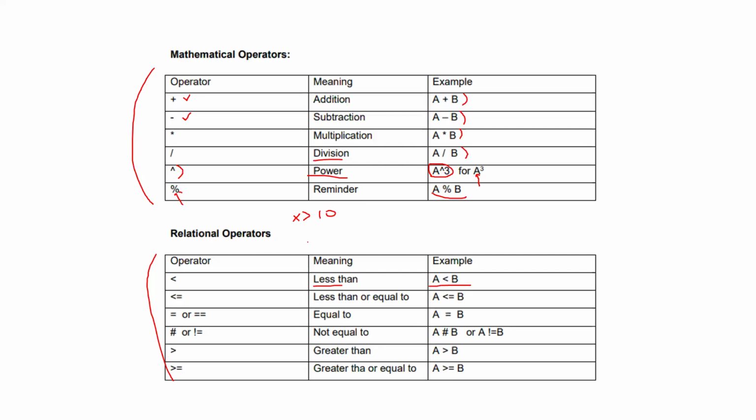And also, if you want to check whether this x value is greater than or equal to 10 or not, it's so similar to the less than operations in here, as you see. For these relational operators, we are using these structures while we are expressing our conditionals in these flowcharts. We will write these conditions inside our diamond shapes, actually.